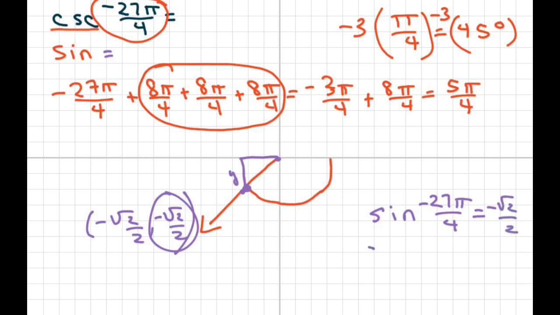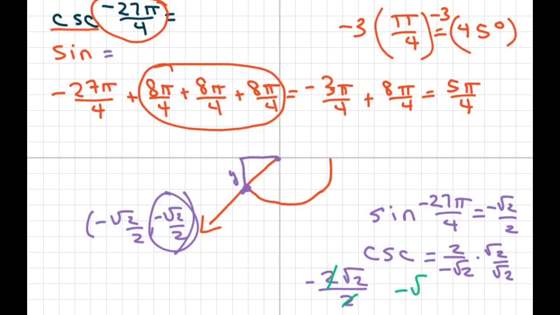So cosecant is the reciprocal of that, which equals 2 over negative square root of 2. If you rationalize that, we know our answer is going to be negative. We get 2 square root of 2 over 2, and the 2's cancel, so we get negative square root of 2.